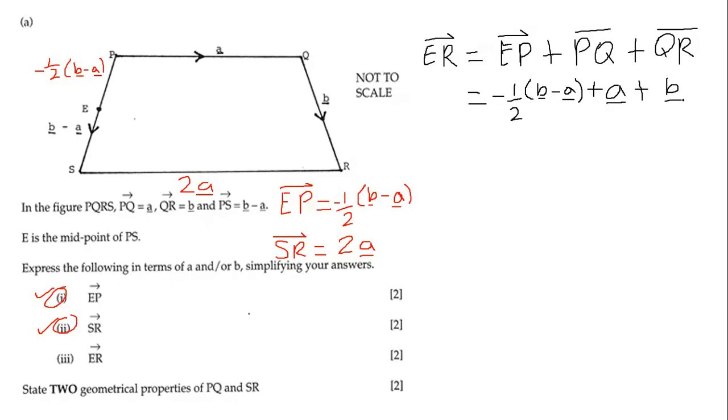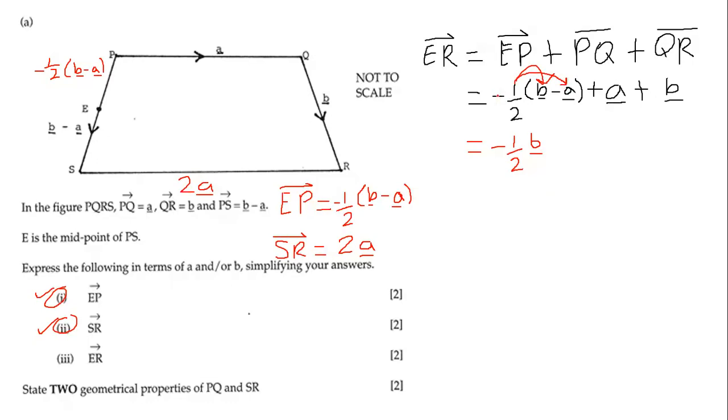Okay, so let us multiply. And so we have here negative a half times b bar, which equals negative a half b bar. And then we have negative a half times negative a.